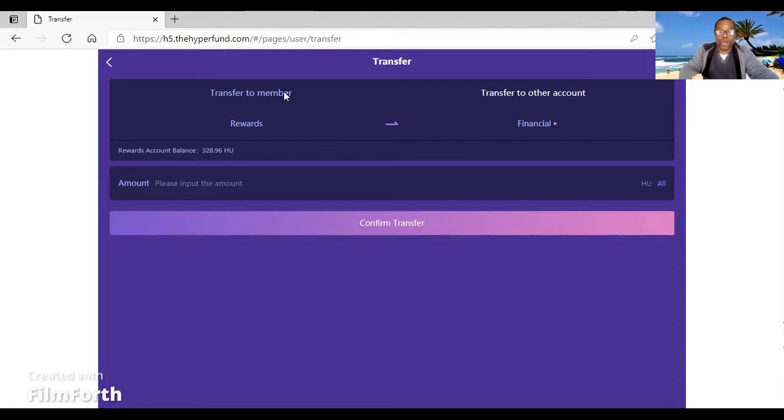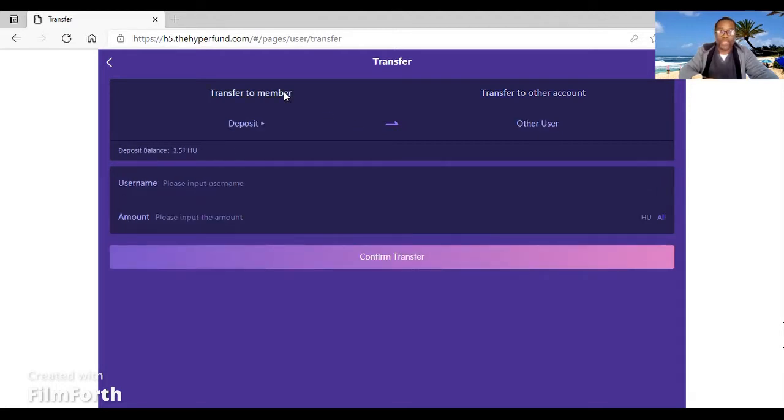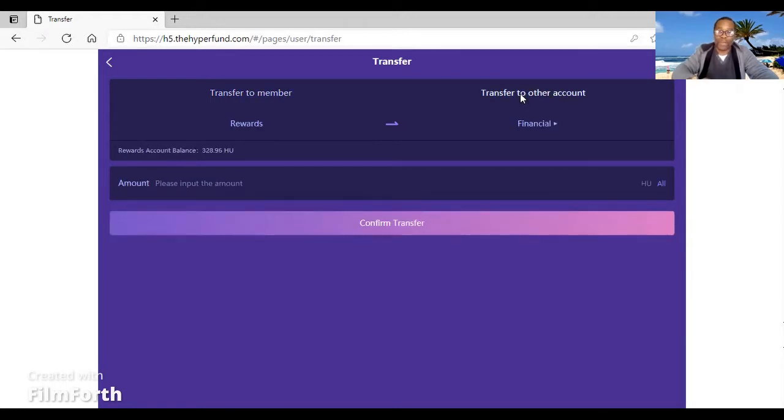The other one is like when you deposit, you can transfer to other member. In this case, the member can use it to buy a membership package, but that is USDT, not the HU. Okay, so let me go to what we're doing at the moment so I don't give you too much information that can confuse you.